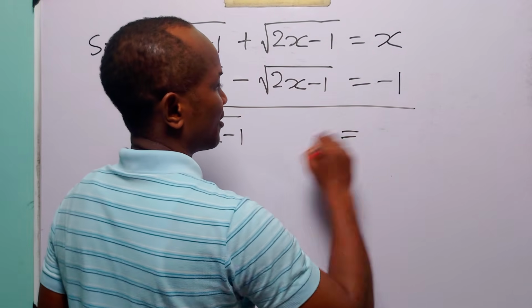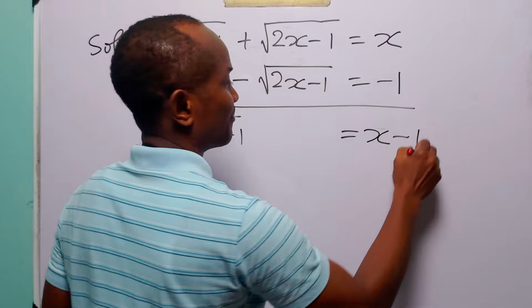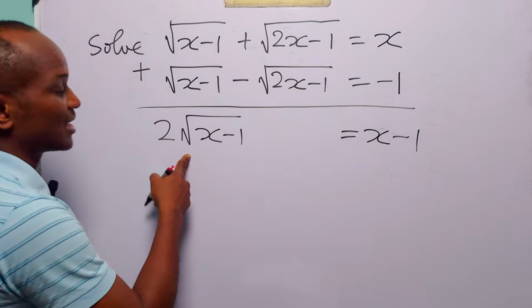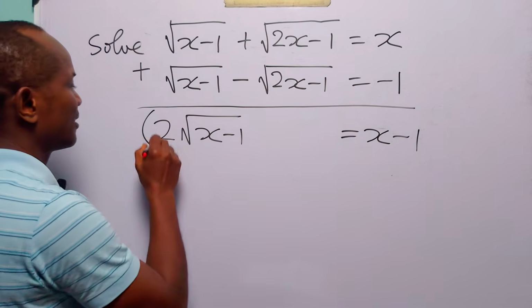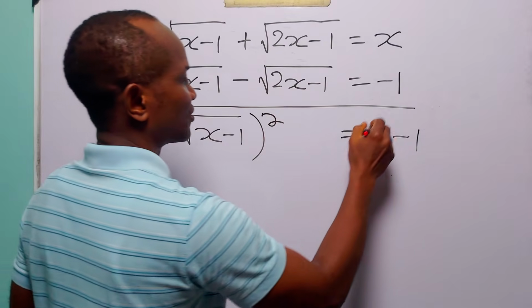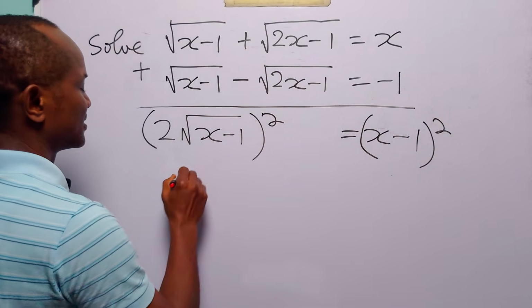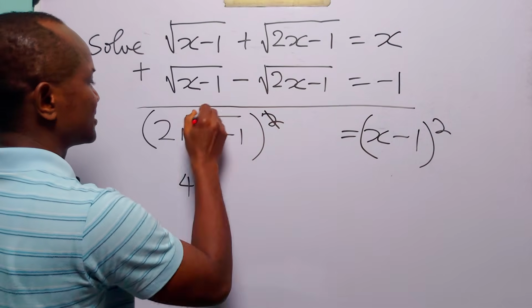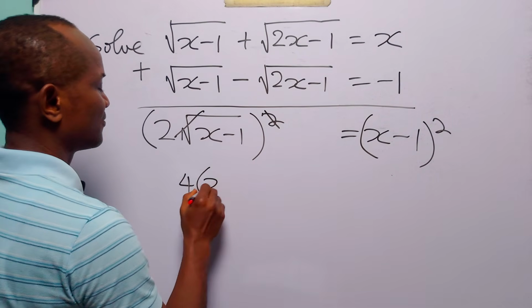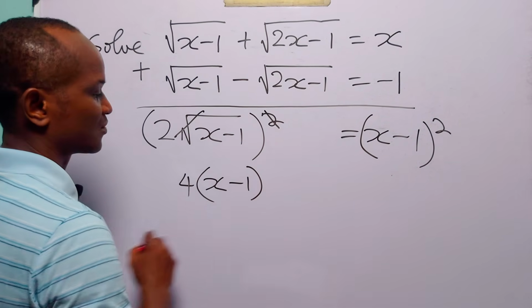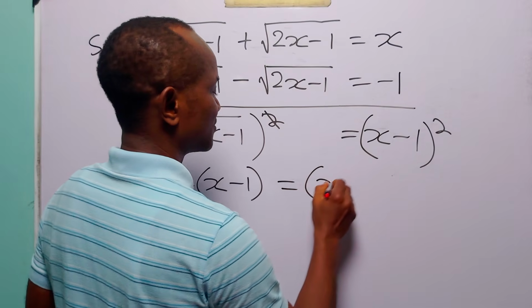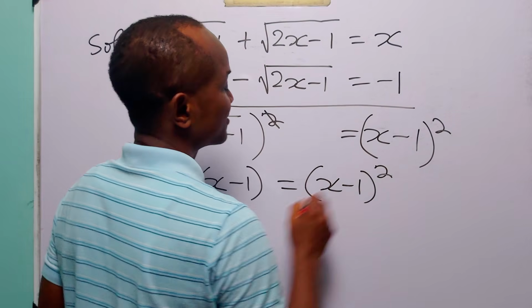And of course, on the right-hand side, we have x minus 1. Now, to get rid of this radical, we square both sides of the equation. 2 squared is 4. The square is going to take care of the square root, leaving us with x minus 1. This is equal to x minus 1 squared.